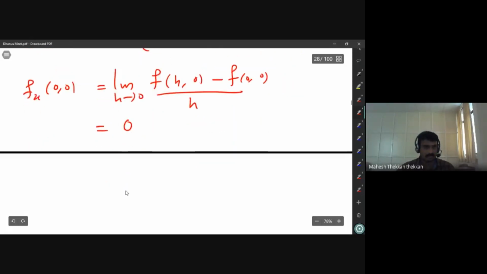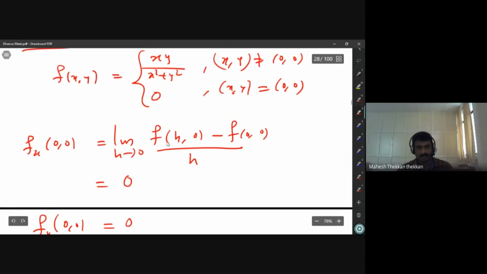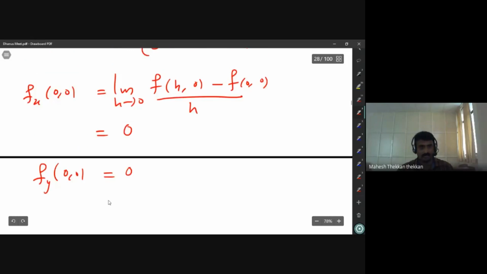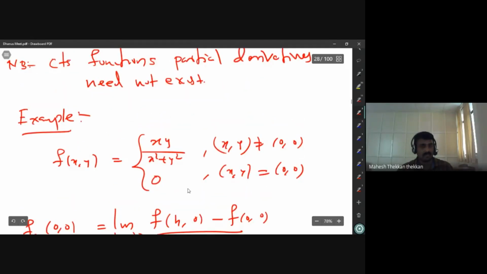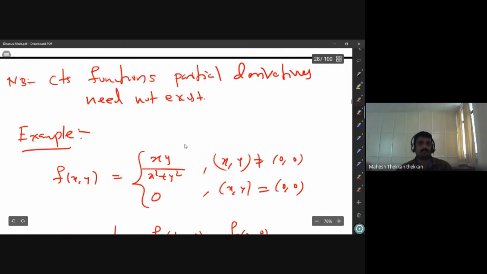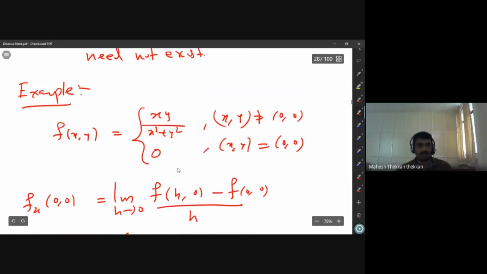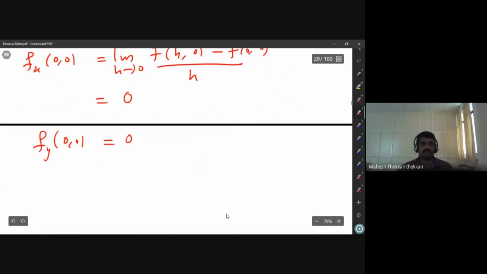Similarly, what happens to fy of 0, 0? That is again 0, right? The only difference is you have to take 0 comma h, but still the xy term is there in the numerator, so it is 0. But this function, we have already seen, is not continuous. Not even the limit exists at 0, 0. This function is not continuous, but still the partial derivatives at 0, 0 exist. Okay.